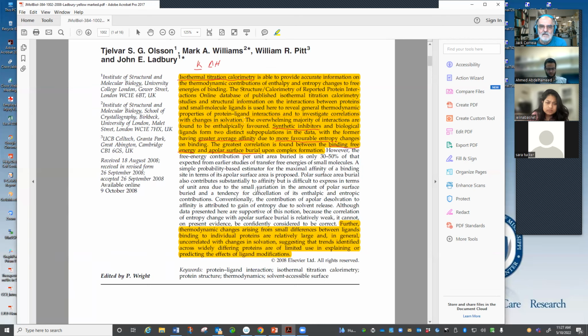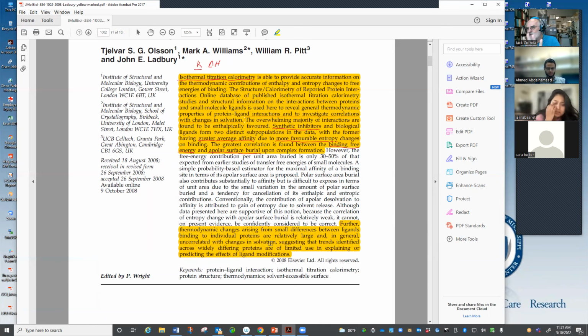And so they say in here things that I sort of said, that the prediction tends to work with free energy. The trends work with enthalpy better, maybe. That there is some cancellation of enthalpic and entropic contributions. But generally speaking, so let's read this, thermodynamic changes arising from small differences are relatively large and in general uncorrelated with changes in solvation.